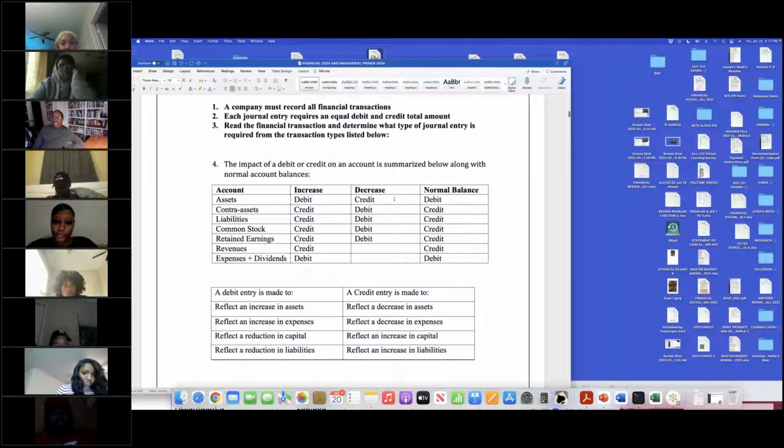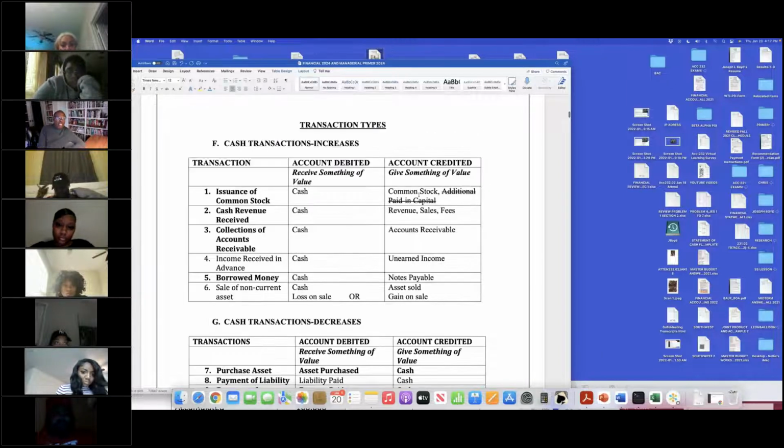So the way I taught accounting and in making journal entries, I said there were 6 situations where cash came into the business. If cash came into the business, you debited cash and you credited something. If you issued common stock, you credited common stock. If it was cash revenue, you credited the revenue.